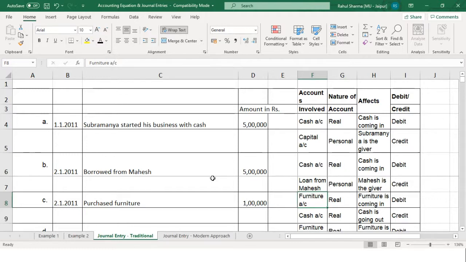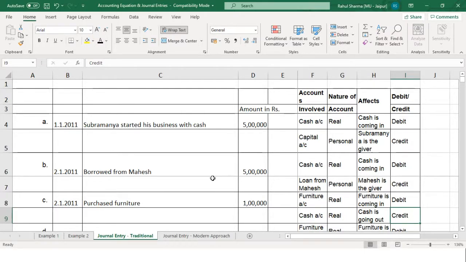Perfect. The rule says debit what comes in, credit what goes out. What is coming in? Furniture is coming in. So I am supposed to follow my rule, and the rule says debit what comes in. So my furniture gets debited. Have a look over here, please. Furniture is a real account, it is coming in, it gets debited. What is going out? Cash. Cash is going out, which is again a real account, and I'm paying.